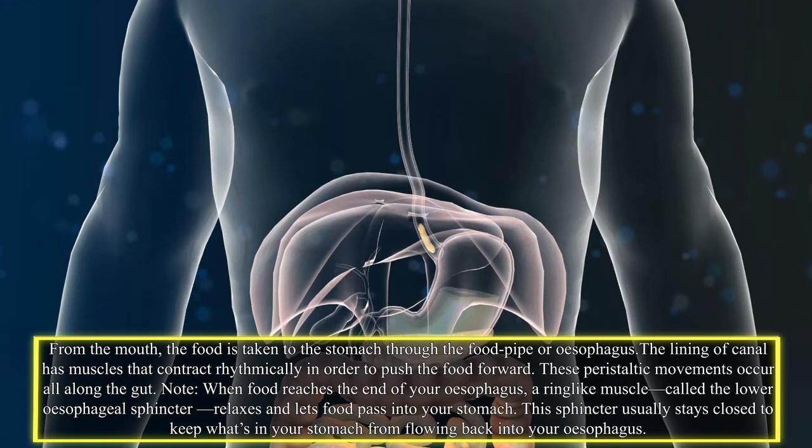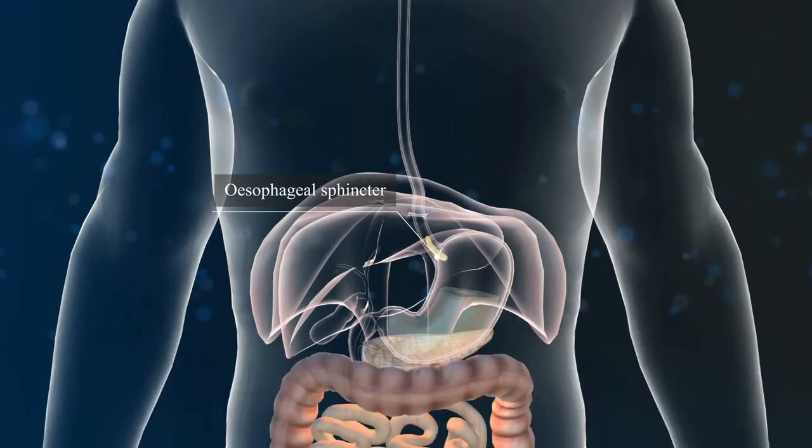Note: when food reaches the end of your esophagus, a ring-like muscle called the lower esophageal sphincter relaxes and lets food pass into your stomach. This sphincter usually stays closed to keep what's in your stomach from flowing back into your esophagus.